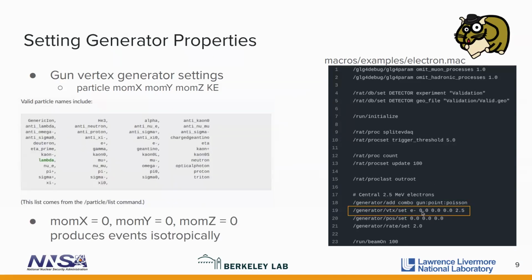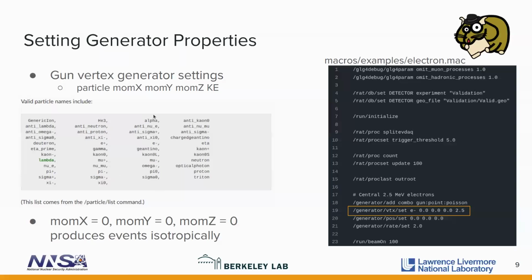So we'll go through the settings in this example, while also mentioning that each different option you have in the vertex, position, and time generator has its own set of settings, but this is just an example to help understand the different options you have available to you in RAT. So for the gun vertex, which just fires a particle in some direction, you specify the particle.